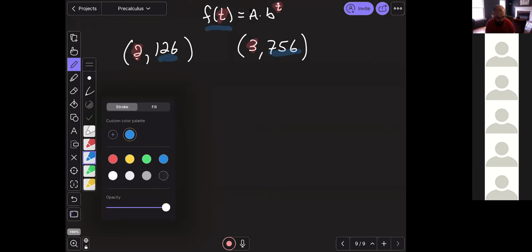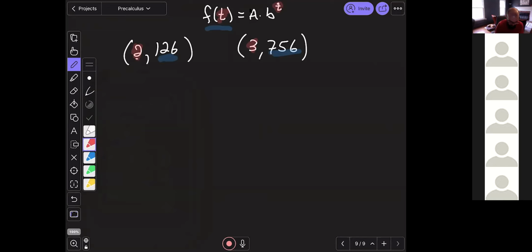All right, so our inputs are going to be in red here, and our outputs are going to be in blue. Okay, so we want a function that looks like a times b to the t. We don't know what a is, we don't know what b is, so right now we'll have something that looks like this: output equals a times b raised to the input.